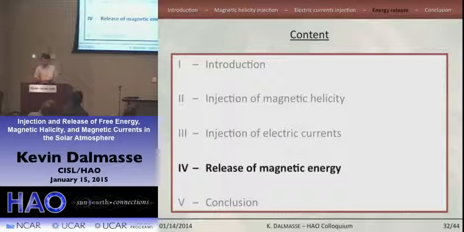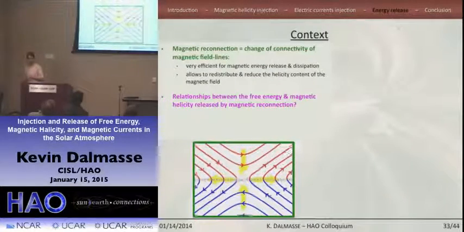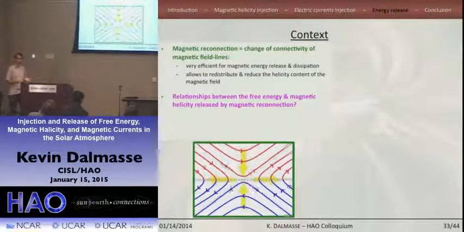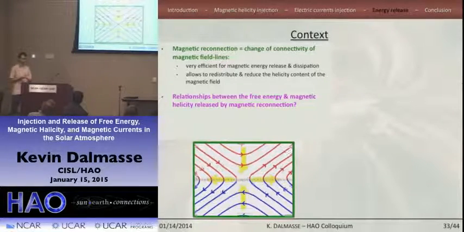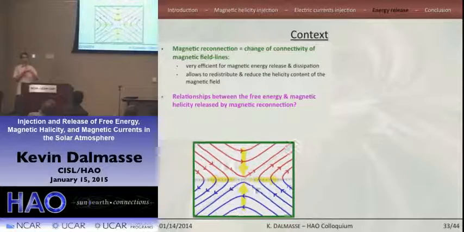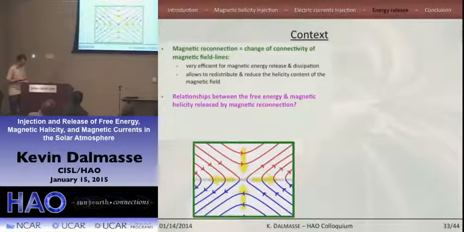Okay, so let's move to the third and final part of my PhD work, which was about the relationship between energy release and helicity release during reconnection. As we've seen in the introduction, magnetic reconnection is very efficient for releasing and dissipating magnetic energy, and for redistributing and reducing the helicity content of a magnetic field.